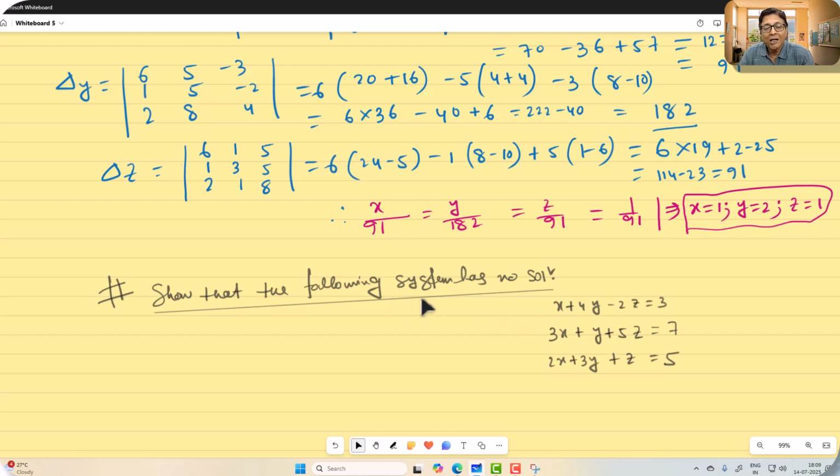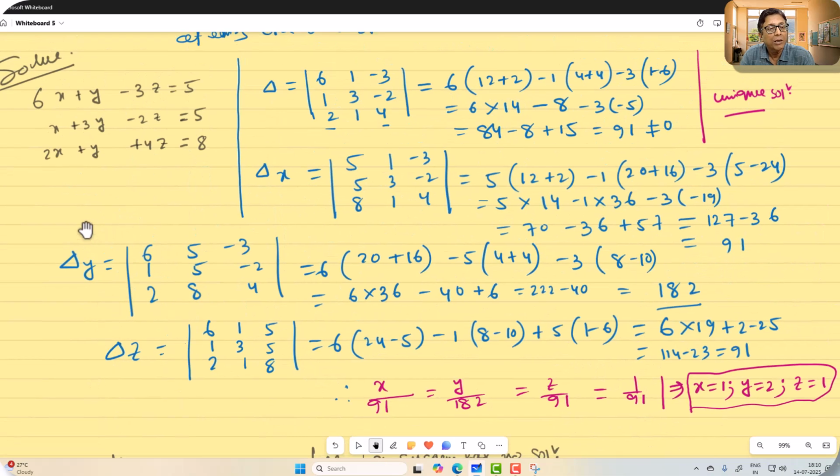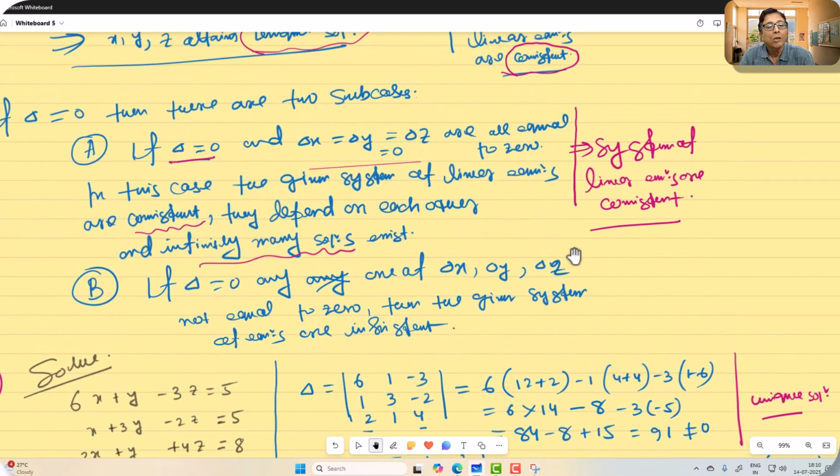How to prove that the following system has no solution? Let us go back to the theory portion again. For no solution, what have I told? Inconsistent means no solution. Under what condition?